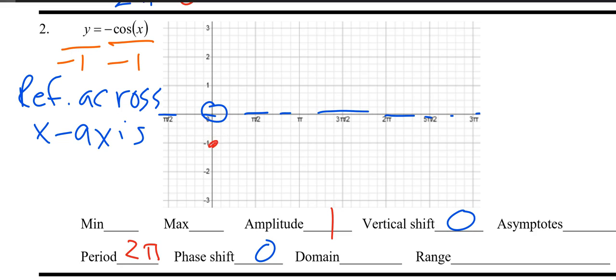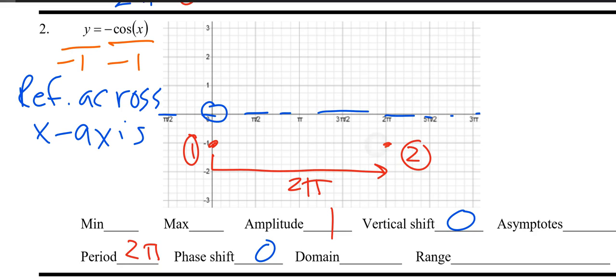We go down, right? Because it's been reflected. How far to the right should I move before I find a place where it starts over again? 2 pi. Right? Because you're moving using the period of the function to move over to find point number 2. Okay?